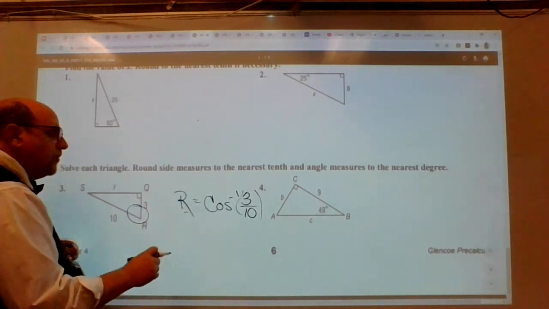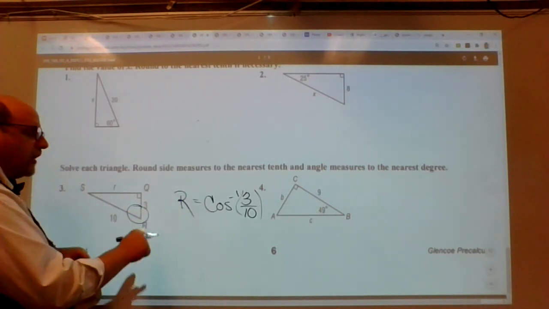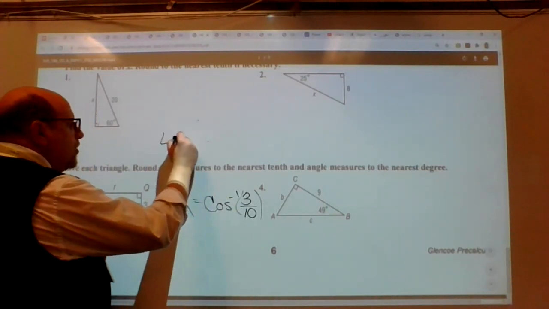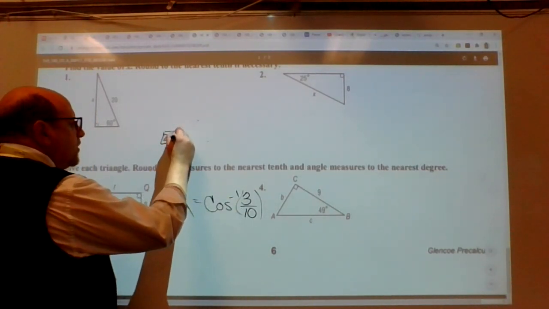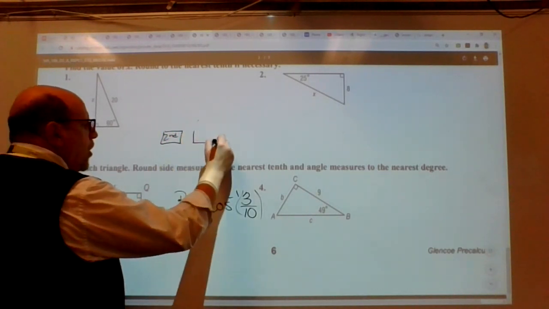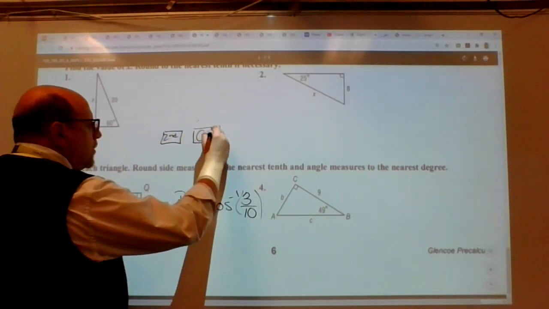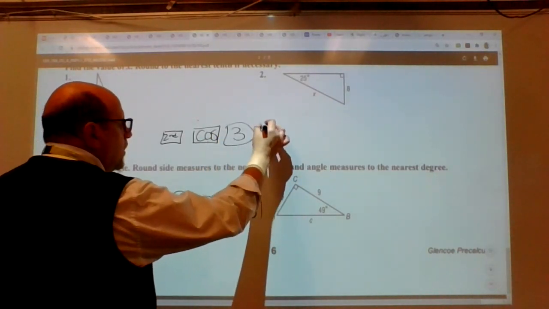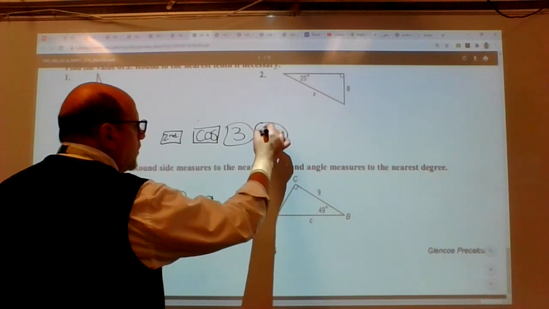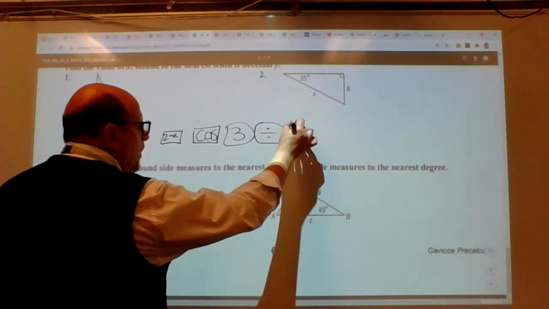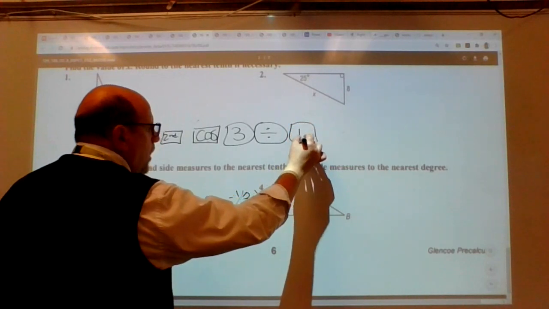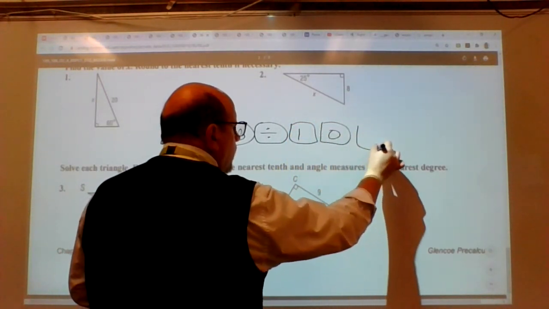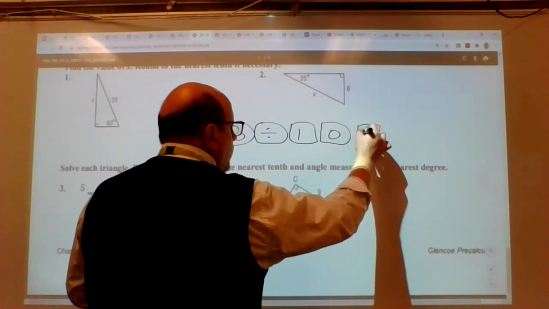So if you know the two side lengths, you find that function. You use the inverse of that function, which means you punch the button second, cos, and then 3 divided by 10, and enter.